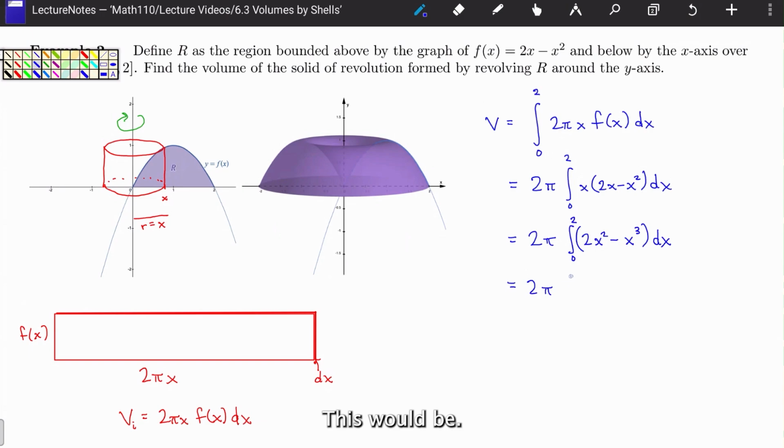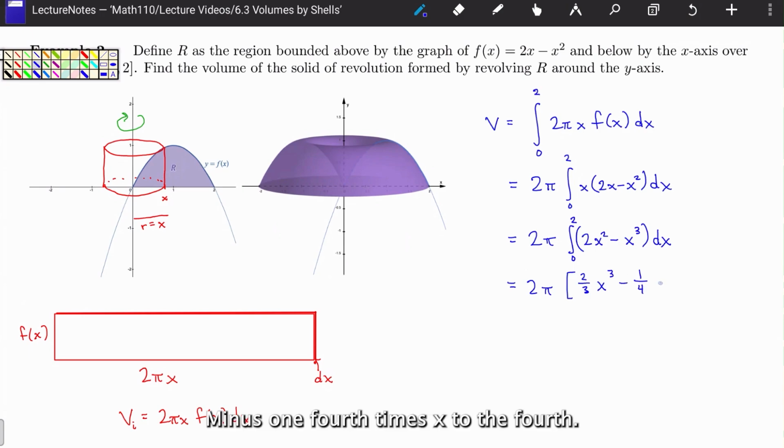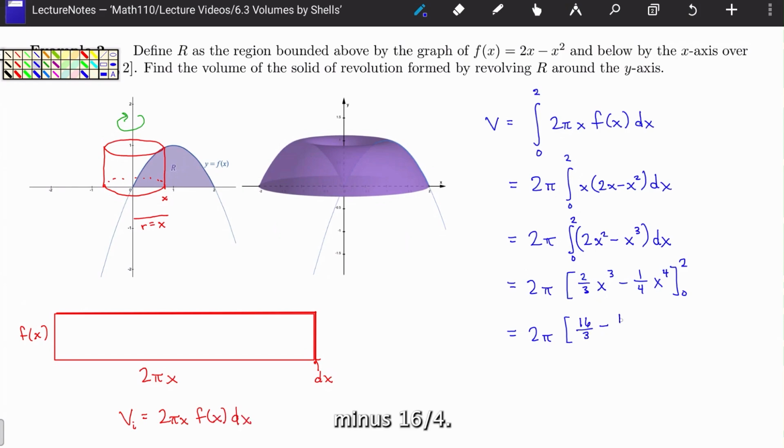This would be 2/3 times x cubed minus 1/4 times x to the 4th, evaluated from 0 to 2, which is going to be 2 pi times, this would be 2 times 8 is 16/3 minus 16/4, and that all simplifies to 8 pi over 3.